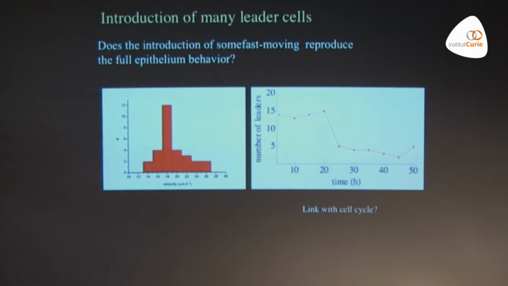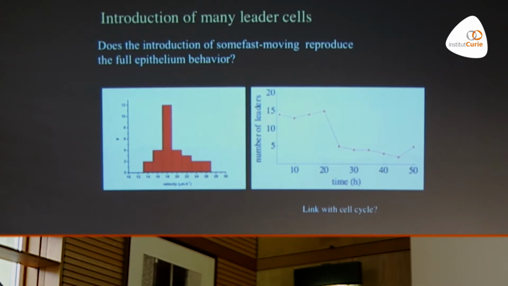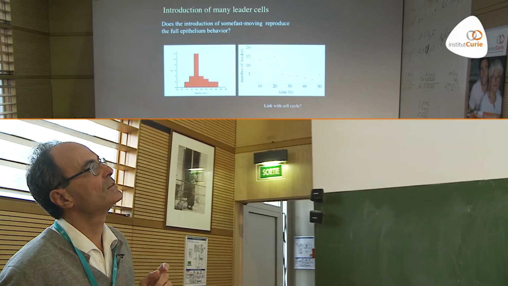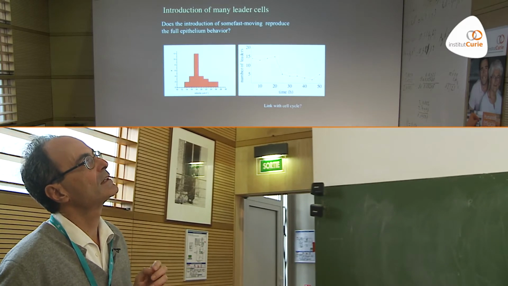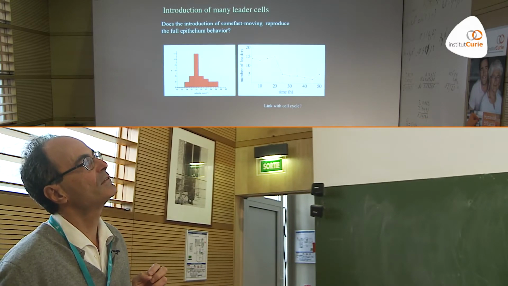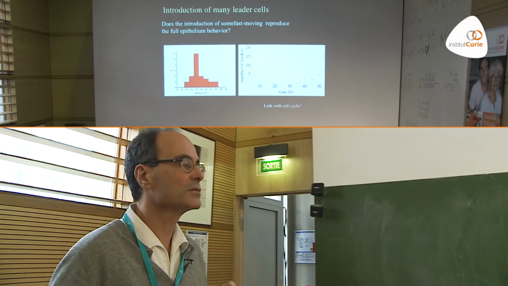With that, we can reproduce things, and then we come to this question of the global motion of the interface. So basically we put cells randomly in the interface with this velocity that was measured, and here you see the number of leaders that appear, I think per millimeter of interface, and then they stop basically after 20 hours, which also corresponds to the division time.